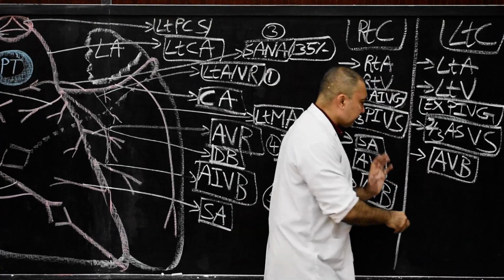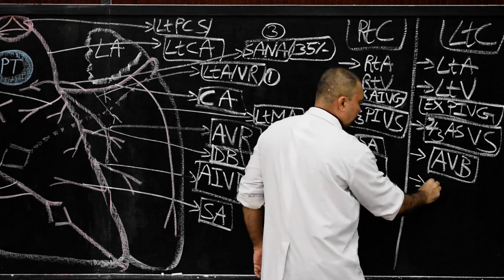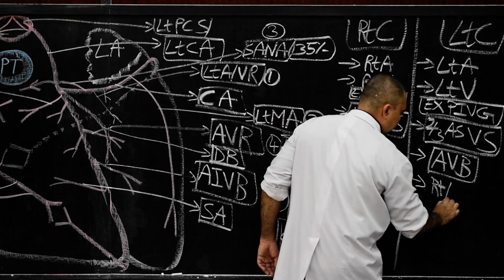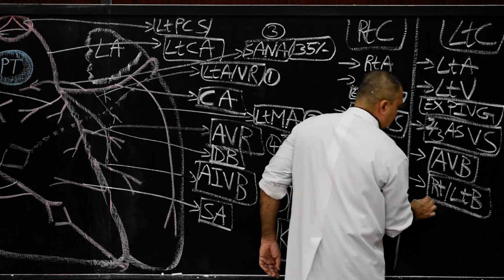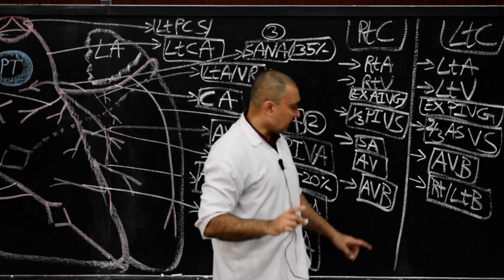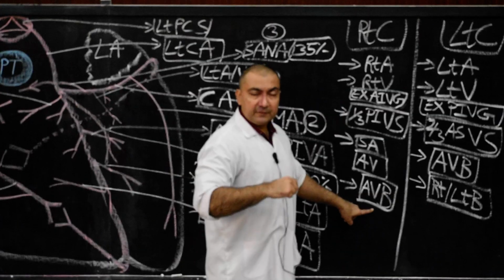Similarly, the left coronary artery, after the AV bundle, will supply both branches of the AV bundle. So here we write down the right as well as the left branches of the AV bundle. And here we add one more, which I kept for the last.